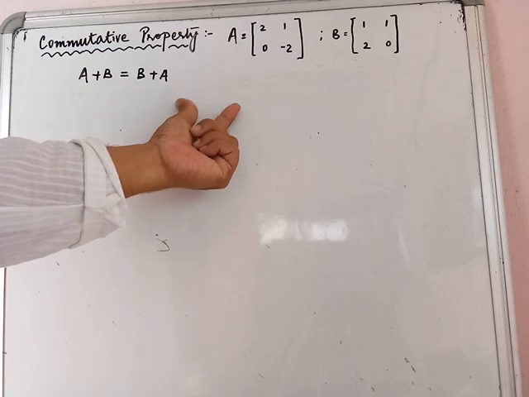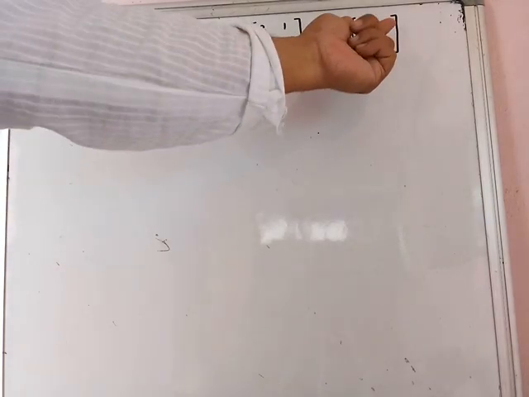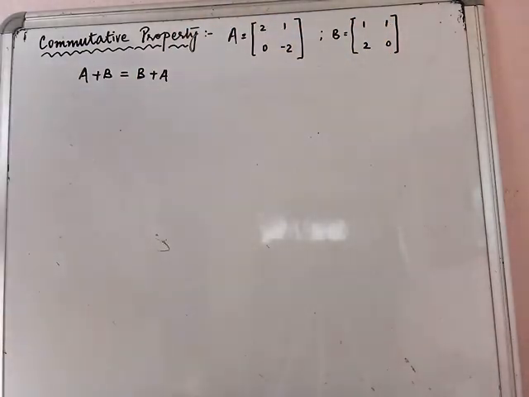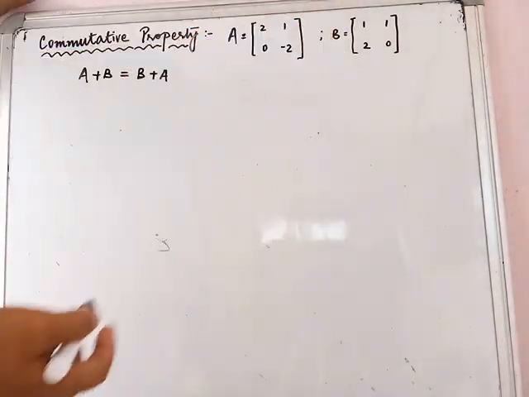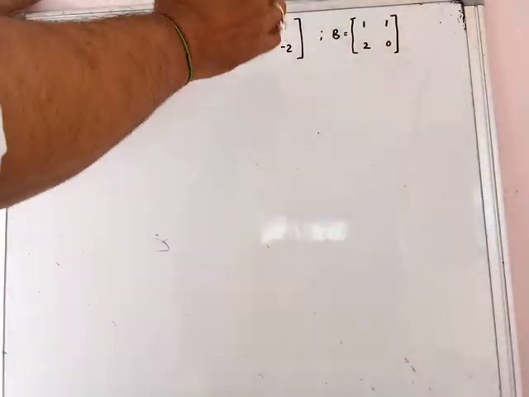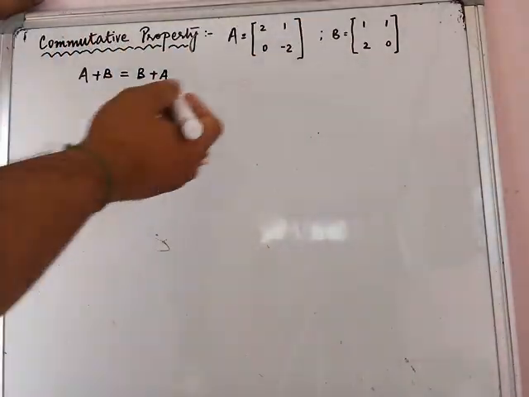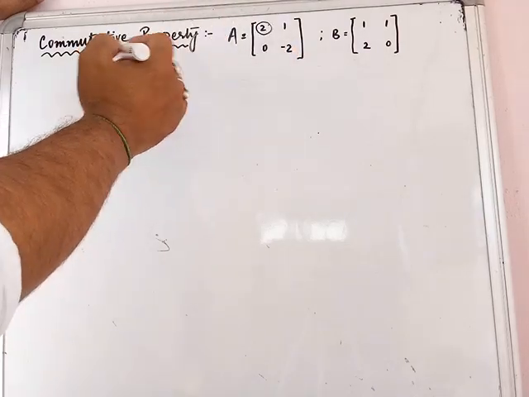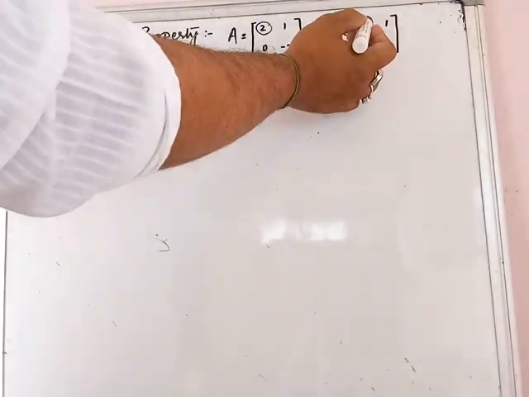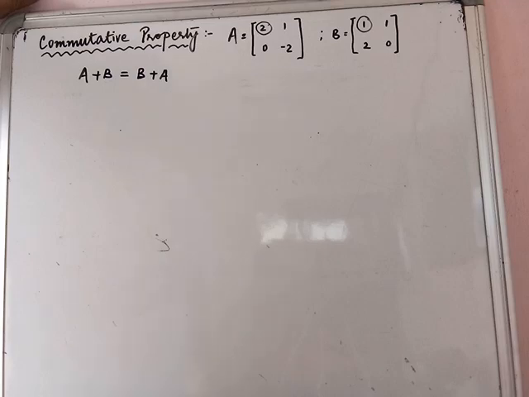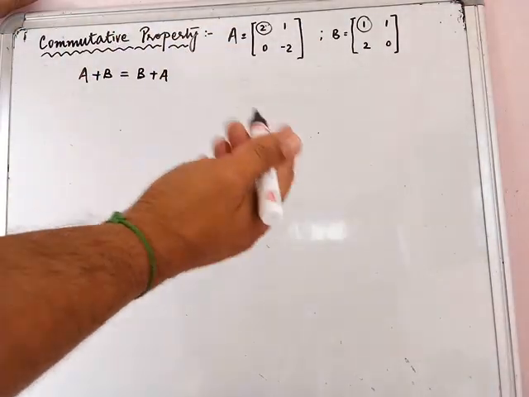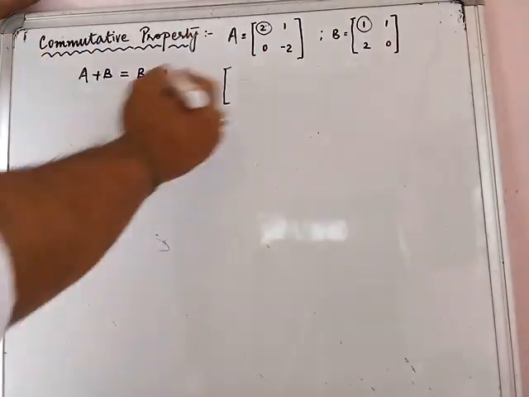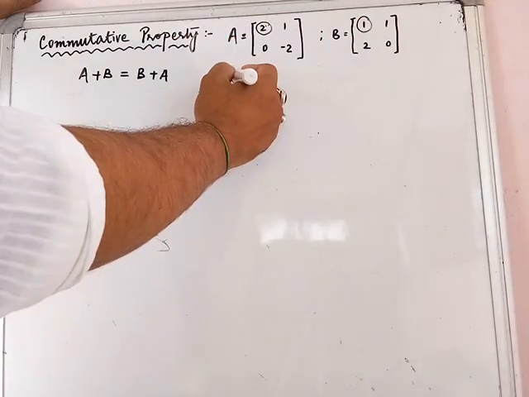You can place this matrix on the left hand side plus this matrix on the right hand side. The addition of two matrices involves the individual elements getting added up. This 2 is the first element in matrix A and this 1 is the first element in matrix B. So 2 plus 1 will give you 3.